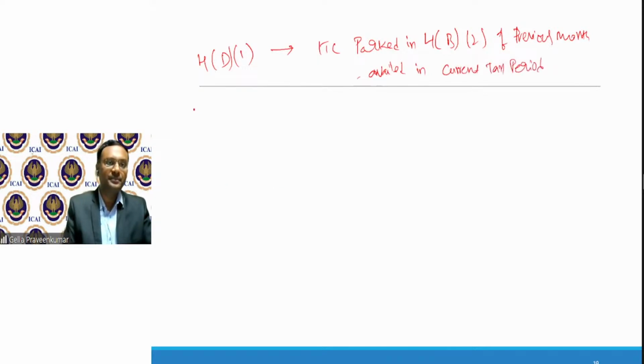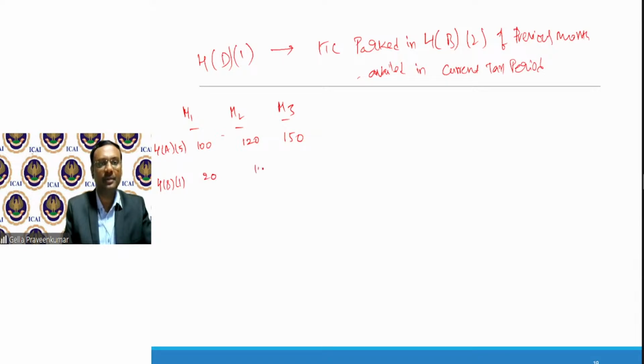In the sense, say month 1, month 2, month 3. I have various months. My table 4A5, I have 100 rupees, say 120 rupees, say 150 rupees. In 4B1, I have said my ineligibility is 20 rupees, 10 rupees, 10 rupees.